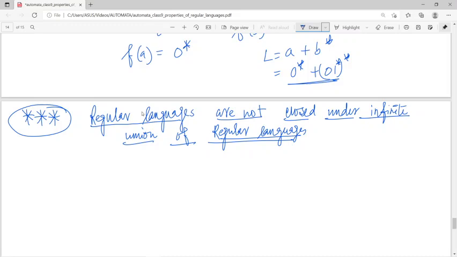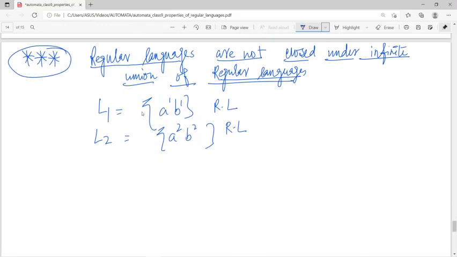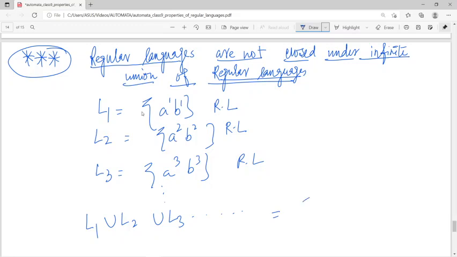What does it mean? Say you know A1 B1 is of course a regular language. Another regular language you know is A2 B2, that is also a regular language, and AA BB, that is also regular. A3 B3, that is also a regular language. Now if we union them, L1 union L2 union L3 dot dot dot, then what will you get?